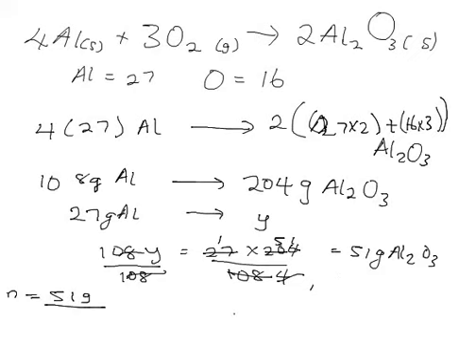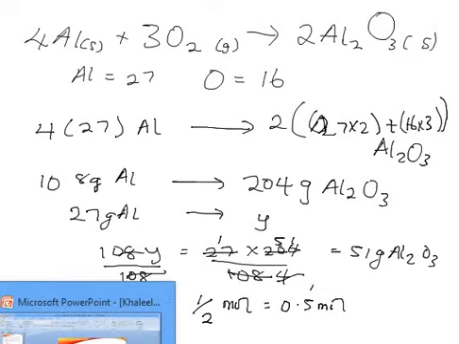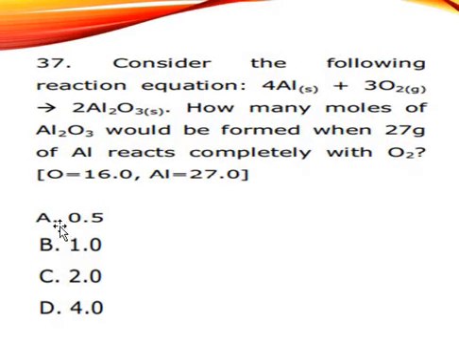When you add them together, it will give you 102. So you have 102 grams per mole. When you divide this, it gives 1 over 2 mole, which is 0.5 moles. So your answer is A.